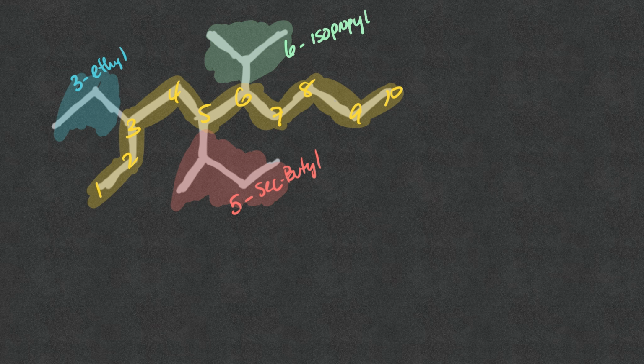Now we're going to write this whole thing out. Remember, this is a decane, because you have 10 main body carbons. Let's put this in order. We always put substituents in alphabetical order: E, then I, then S, and then we write the decane.